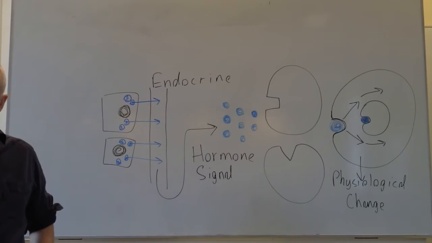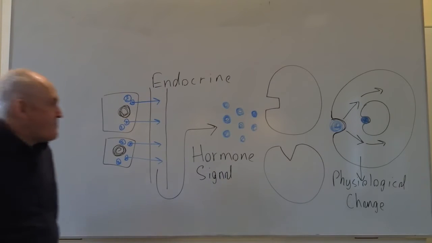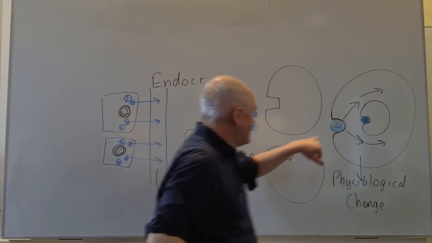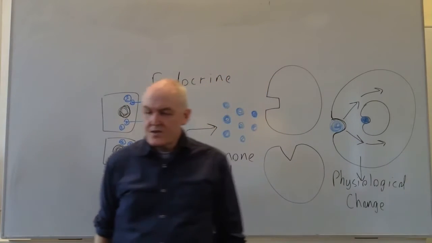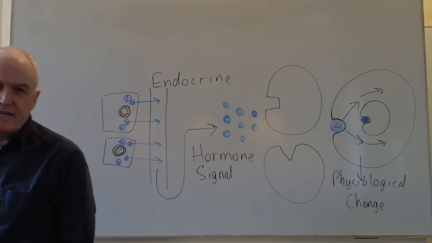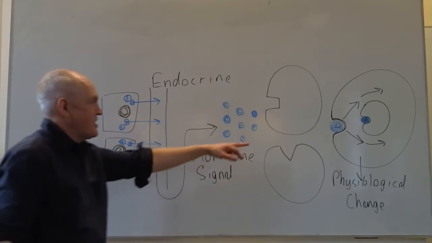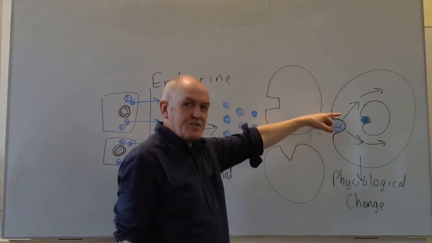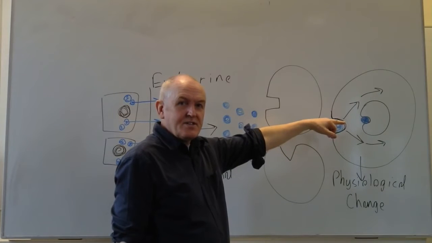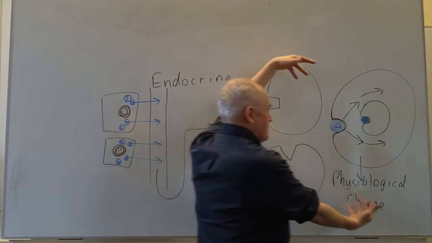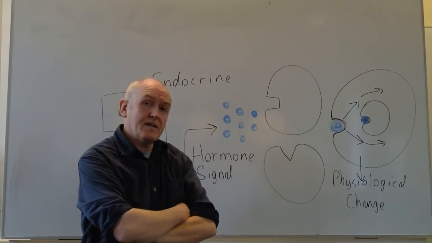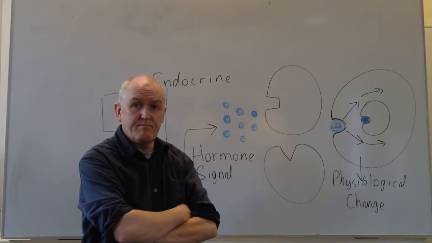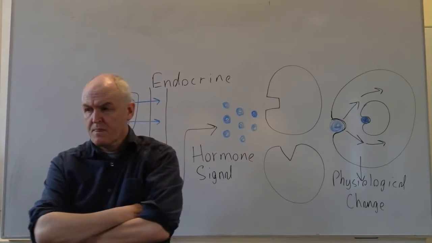What kind of physiological changes is it? Well, it depends very much on the type of cell and on the type of signal molecule. So, for example, we've already noted that if this was insulin and this was an insulin receptor, the change will be that the cell membrane becomes permeable to glucose molecules. And that will coordinate the regulation of blood sugar levels.